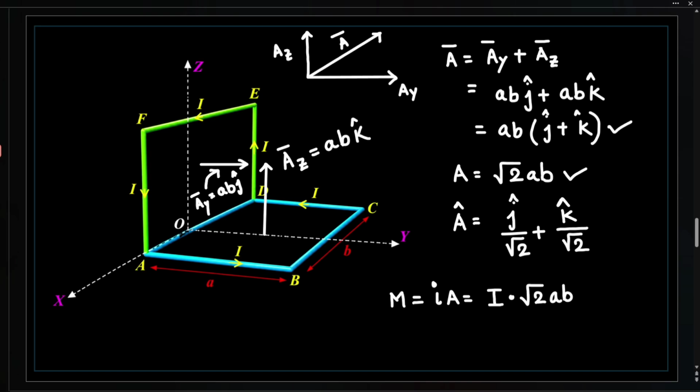As we know, the magnetic moment vector has the same direction as the area vector, so the unit area vector also represents the direction of the magnetic moment. So the answer will be M along this vector.